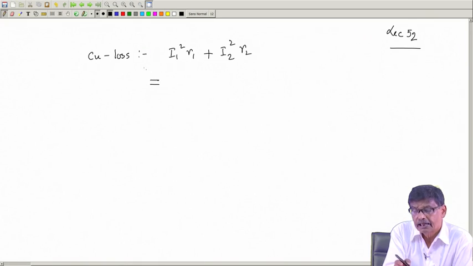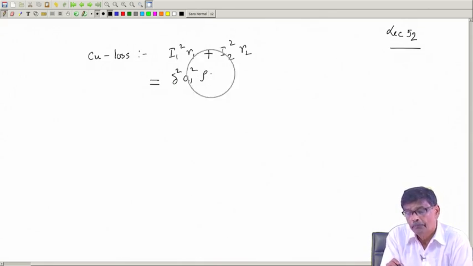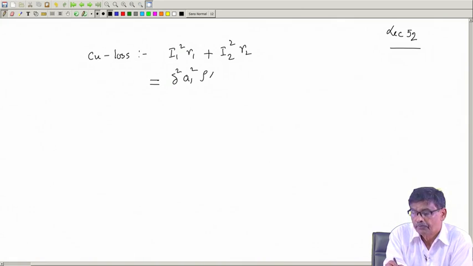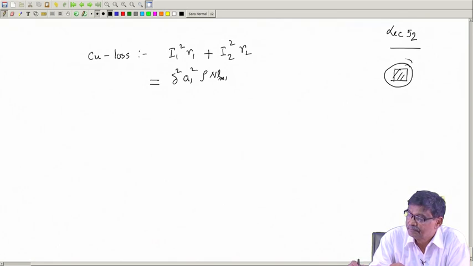Now, this copper loss can be simply written as delta square into A1 square for current in the primary side. R1 is the resistivity of copper, rho, into length of the copper. Length of the copper will be proportional to the number of turns and the mean length of the turns, because you know this is the core, and suppose turns will be like this, several turns like this.